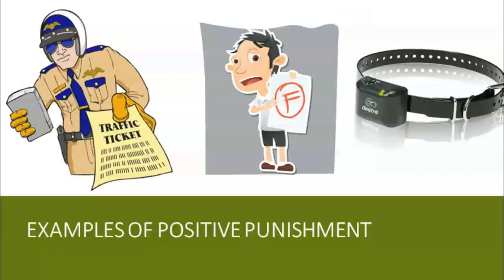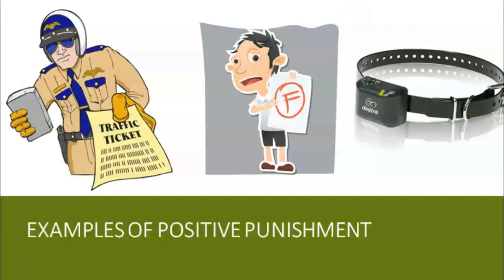So that ends up being a negative, and the idea is to decrease your speeding. If you blew off that test and you failed the grade, then hopefully that positive punishment will be negative enough in your life to cause you to study. We want to decrease the blowing off of tests.